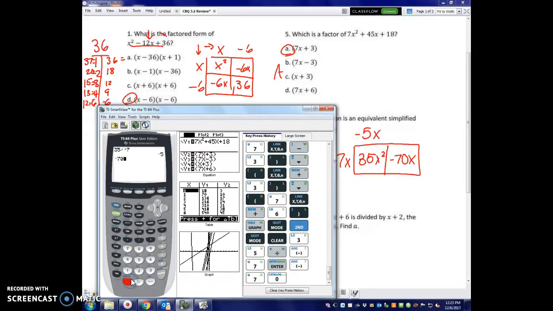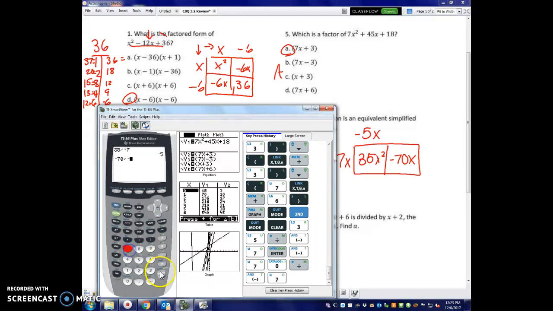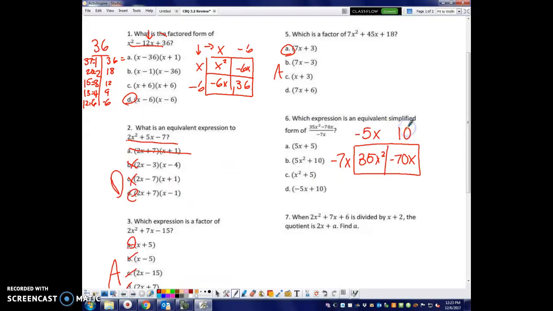Negative 70 divided by negative 7 is 10. Let's double check. Negative 5 times negative 7 is positive 35. X times x is x squared. Good. 10 times negative 7 is negative 70. X is x. Good. So your answer should be negative 5x plus 10. Which one says that? D. Okay.